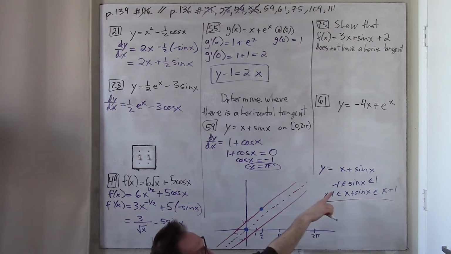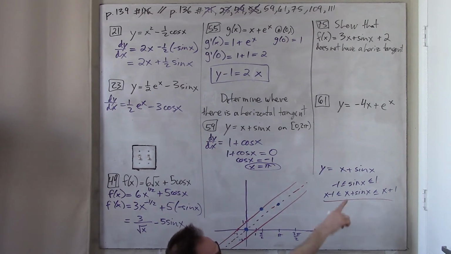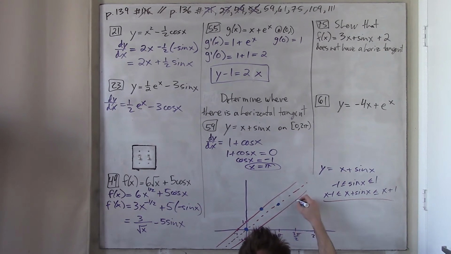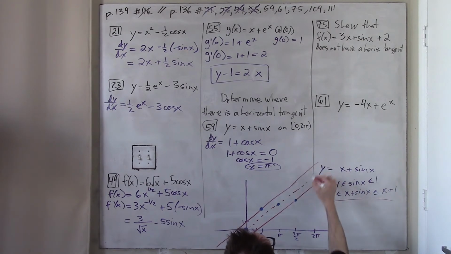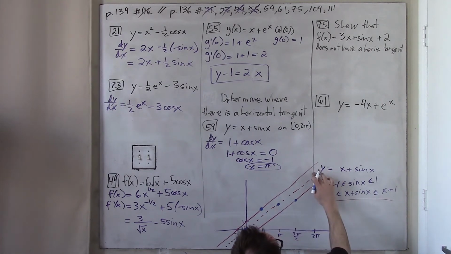Well, sine of pi is 0, so you're just going to land directly on the line y equals x. And at 3 pi over 2, sine of 3 pi over 2 is negative 1, and so now you're going to land on the lower part of the envelope. And by the time you get to 2 pi, I see I need to go a little bit farther here, you're going to have landed right here.